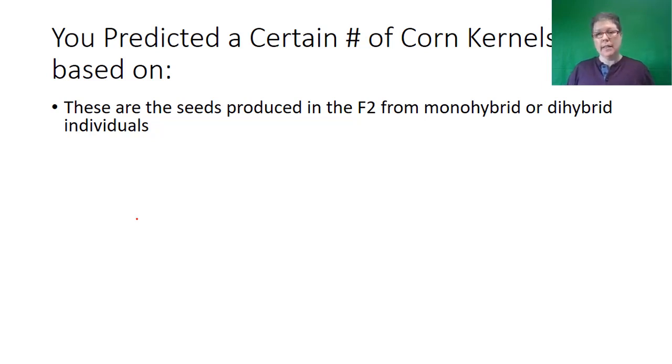So we are expecting that this is either a monohybrid or a dihybrid cross, the results of that, depending on which part of the lab you're talking about. The seeds that you are going to be looking at in lab are taken from a single ear of corn from this cross.